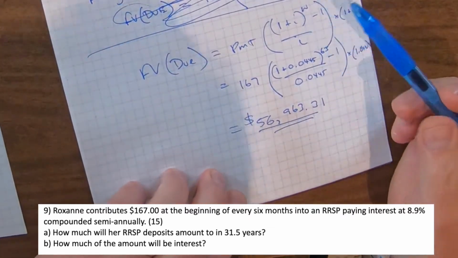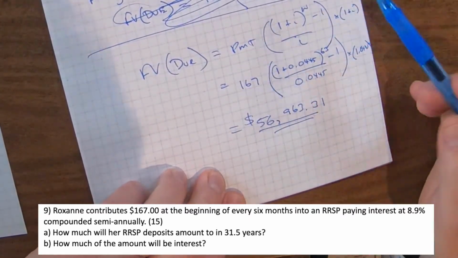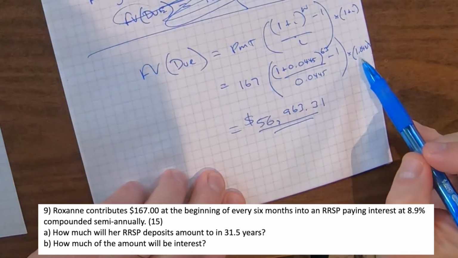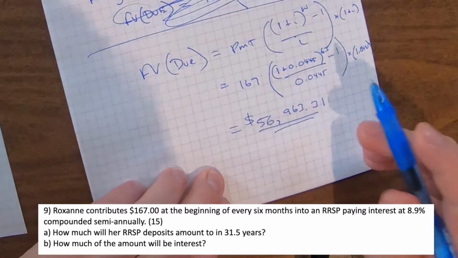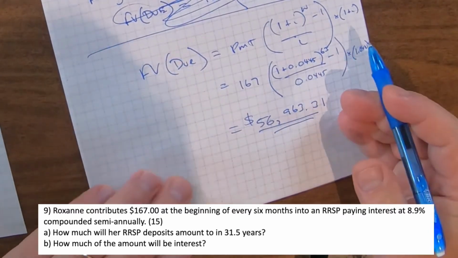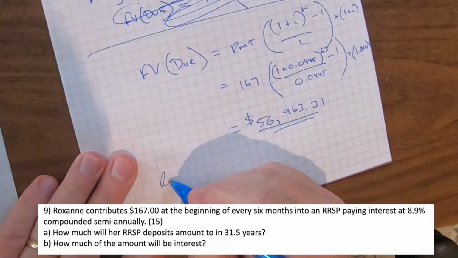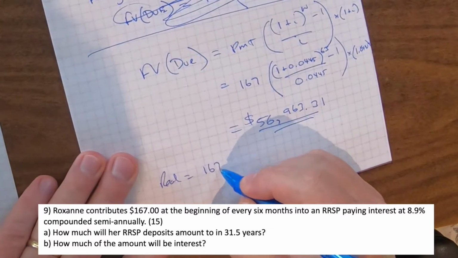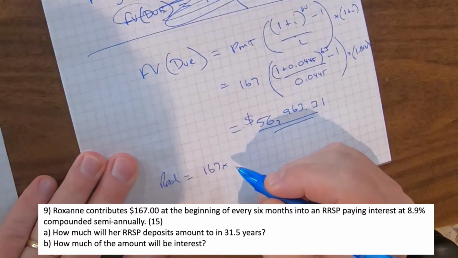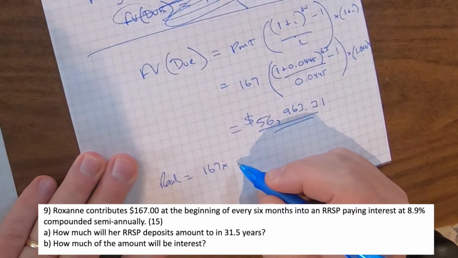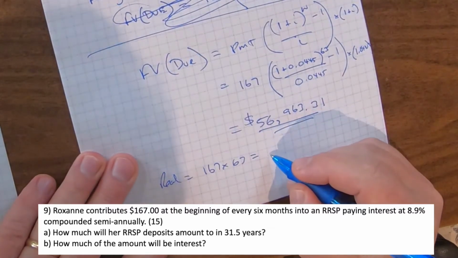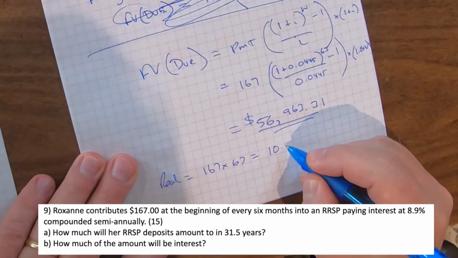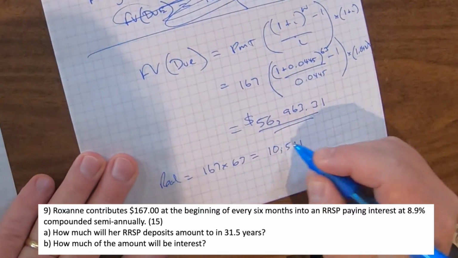So what we're saying is all that money added up, using the calculation for annuity due as per the problem, would be 56,000. Then we ask ourselves, how much really did we put into it? Well, we know we put $167 in it every 6 months for a total of 63 periods, so that would be 10,521 was the actual money we put in.